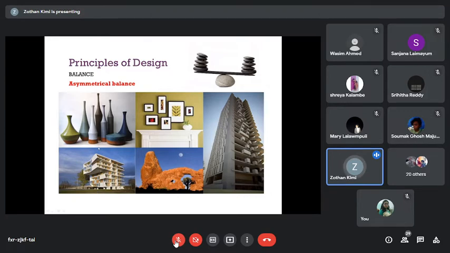Whenever you take a picture, think about your central axis. Imagine an imaginary line right in the middle, and then think about the left and the right and the visual weight that they carry. So there is more sky left on this side because this side has lesser built form, right?